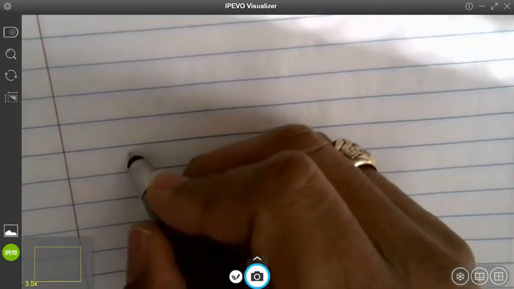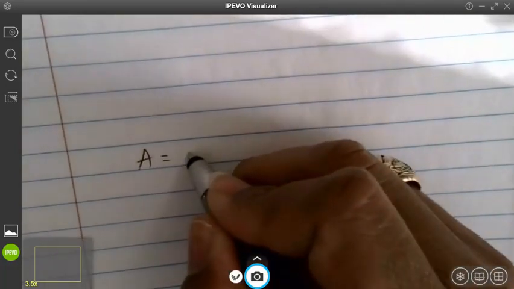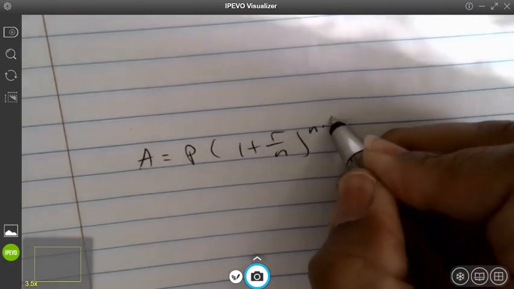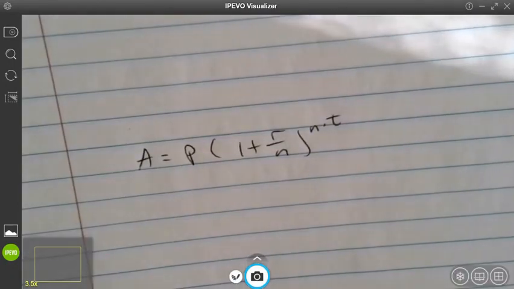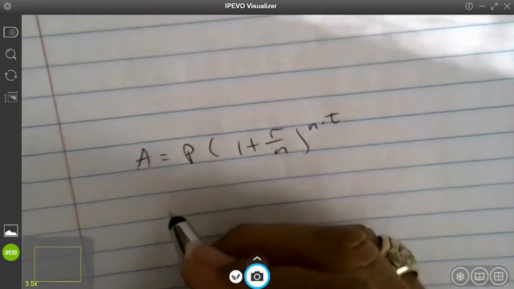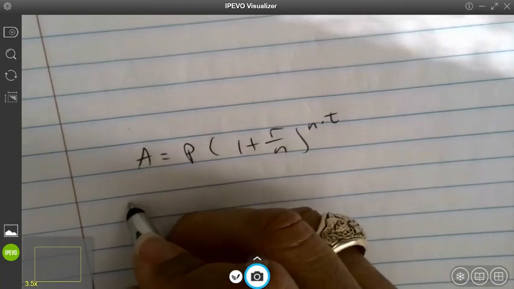When you use the compound interest formula, remember it is A equals P times 1 plus R over N, raised to N times T. Now let's put the things in the right spot. He now has $6,358.84, so that goes where the A is.